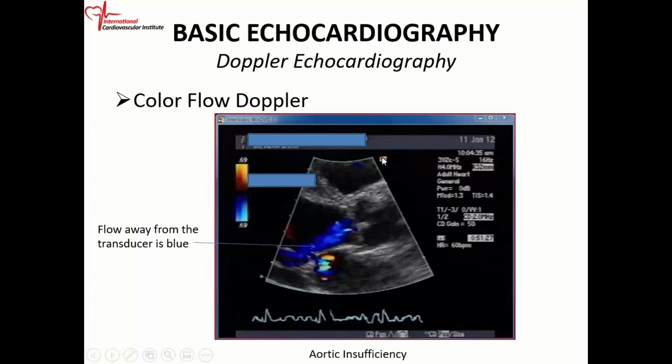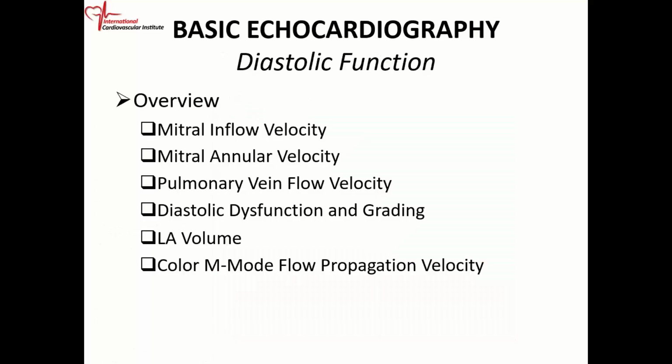It's actually moving away from the transducer, and that's why it looks blue. Flow towards the transducer, varying shades of red. Flow away from the transducer, varying shades of blue. So, getting these basic pieces of information down, you can work out most things.